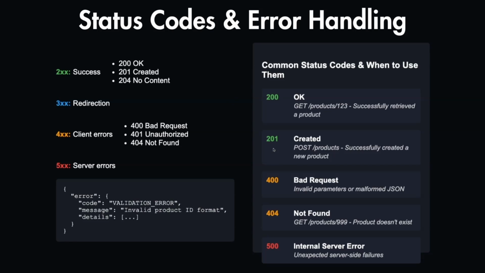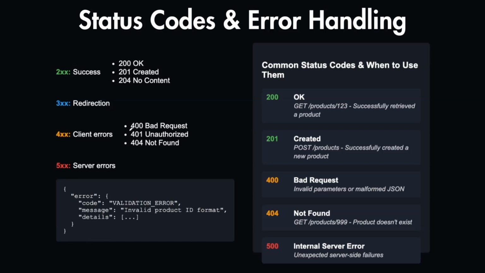We also have the 300 series, which are for redirection. Let's say you make a request to a URL, and now this URL has been moved somewhere else. So it will respond with a 300 series, and it will redirect you to the new URL. In the 400 series, we have the client errors. So this is whenever your front end made a bad request or the user made a bad request.